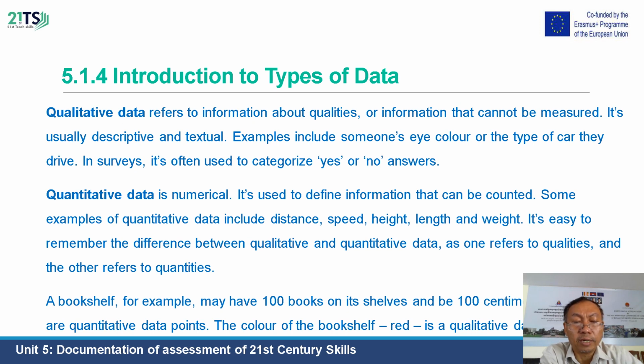A bookshelf, for example, may have 100 books on its shelves and be 100 centimeters tall. These are quantitative data points. The color of the bookshelf, red, is a qualitative data point.